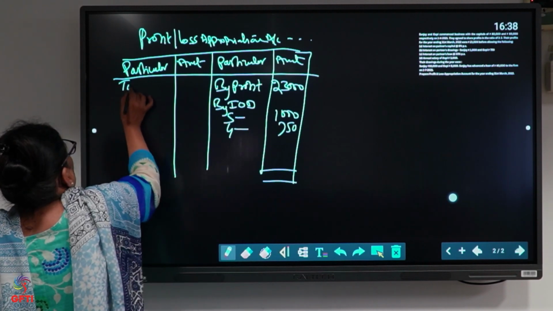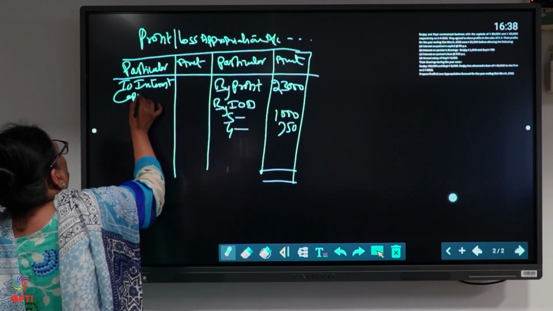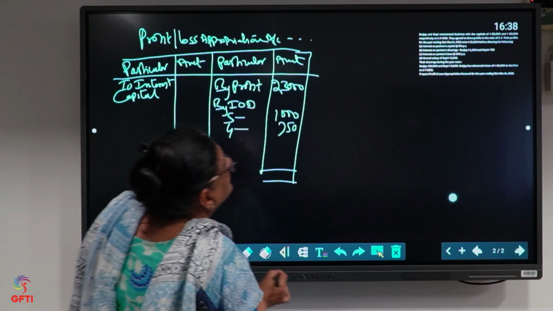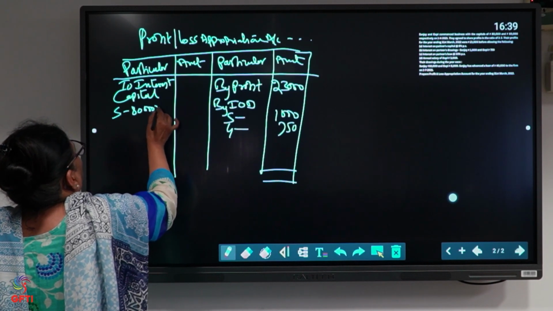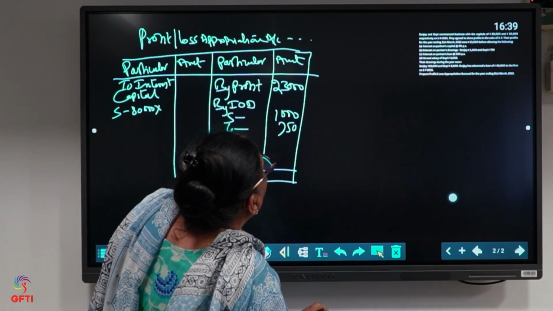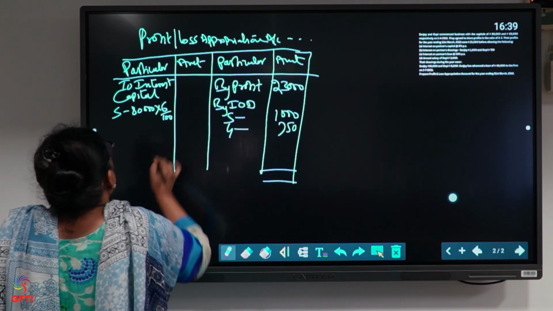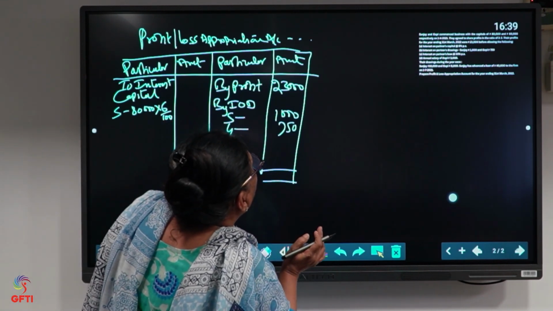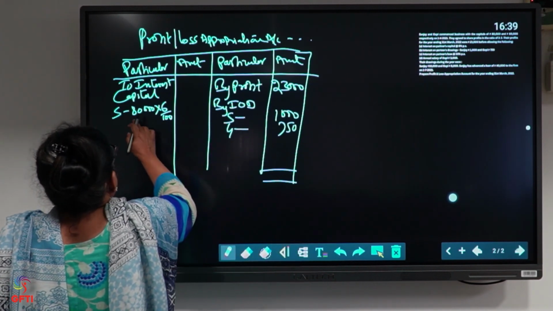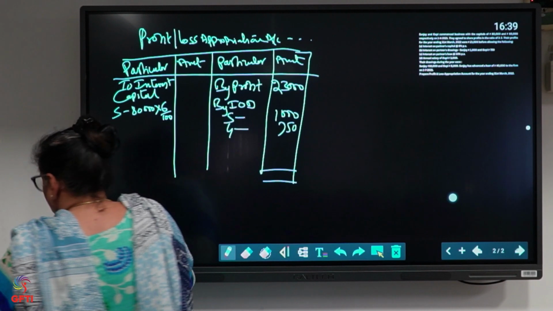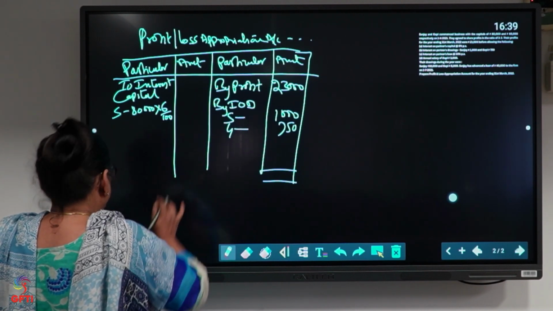Now we have to calculate interest on capital account. What were the capitals, 80,000 and 60,000? Sanjay's 80,000 into 6%.